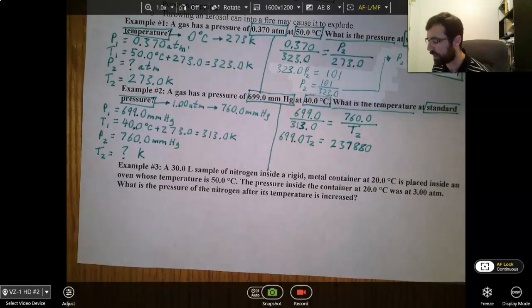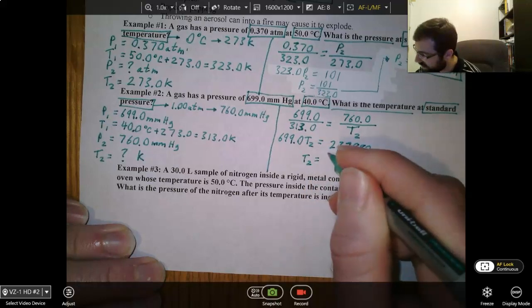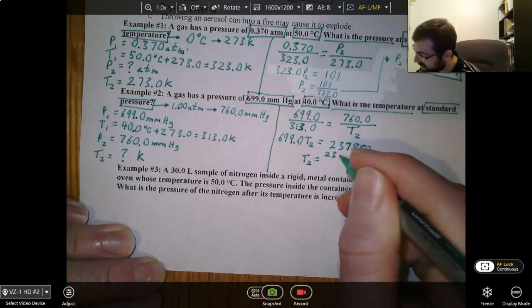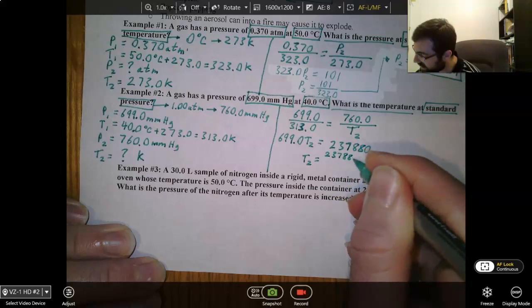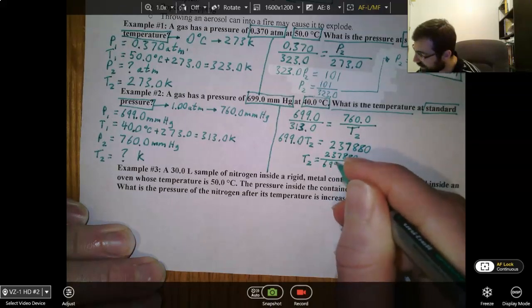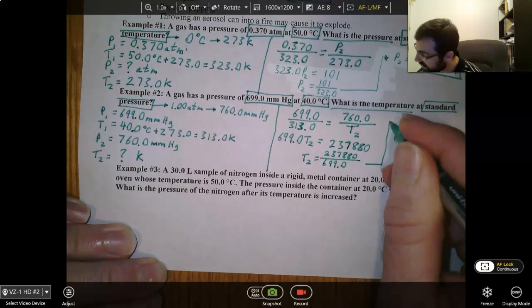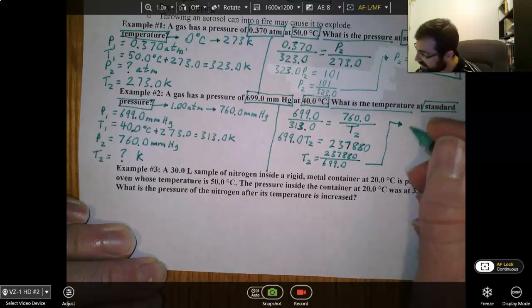All right, next step. T2 equals 237,880 divided by 699.0. Just to make it legible, I'm going to move that up here.